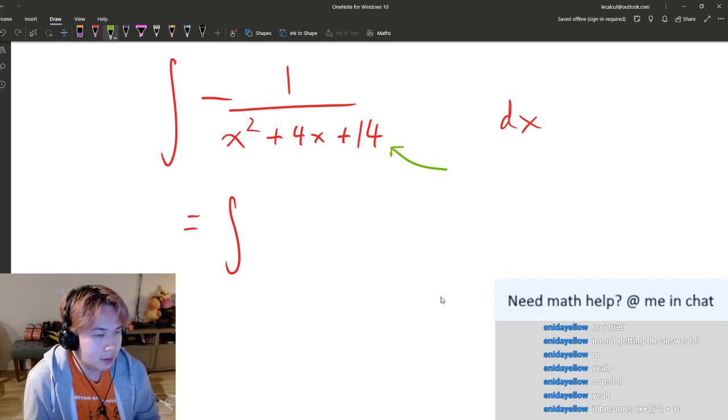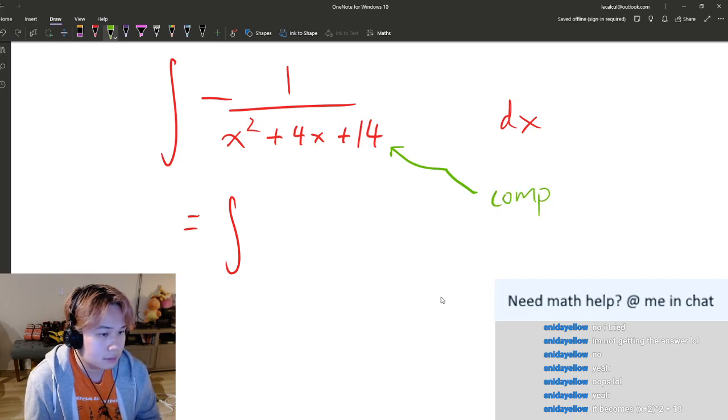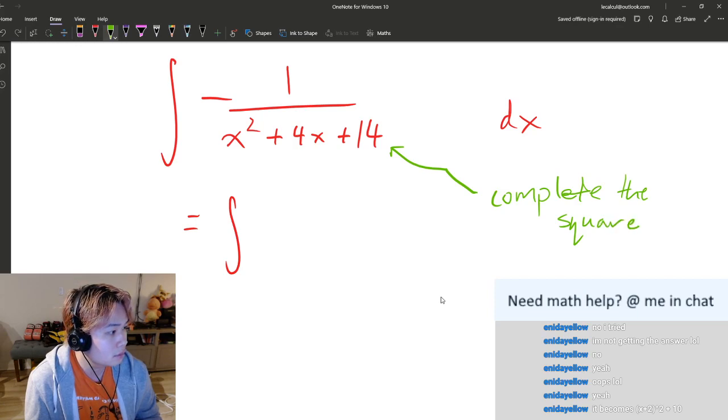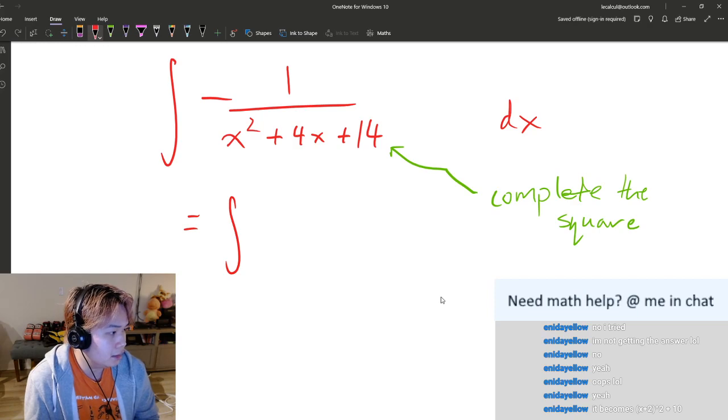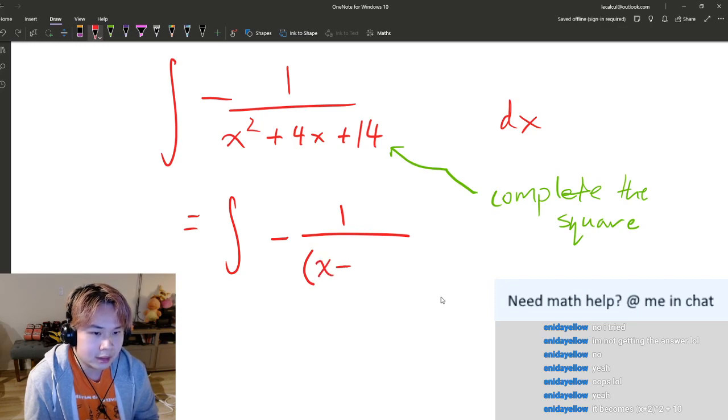So according to you, you complete the square. So what we get is something a little nicer down below because now we just have one variable.